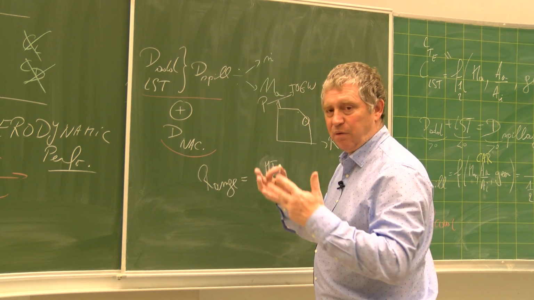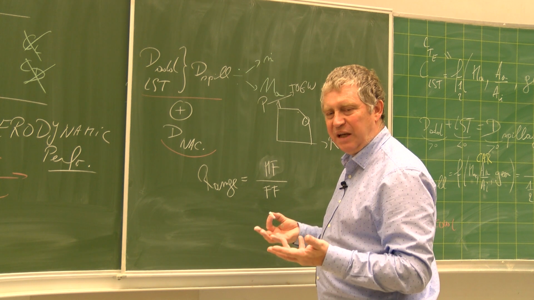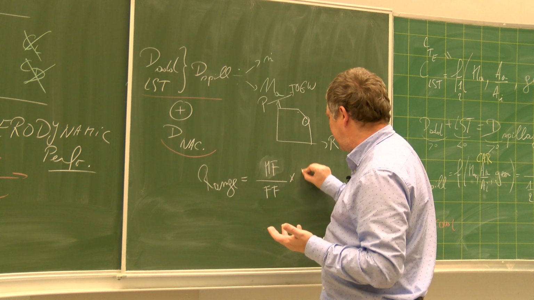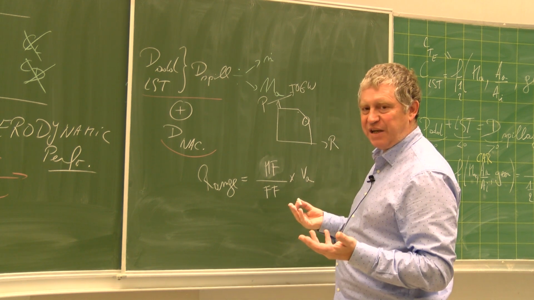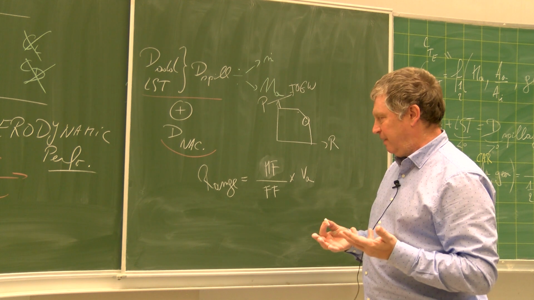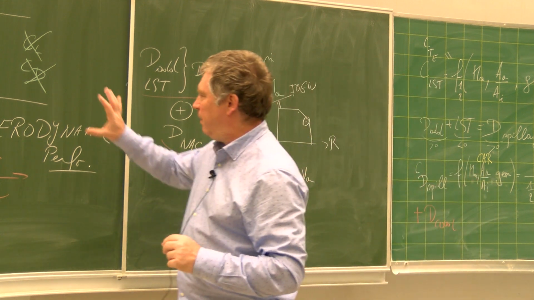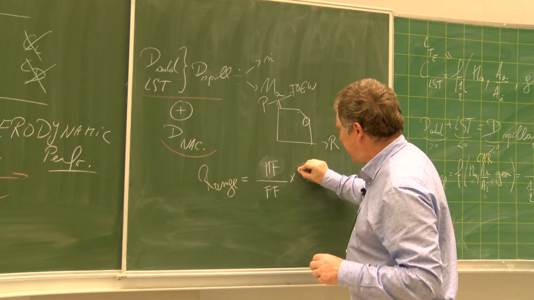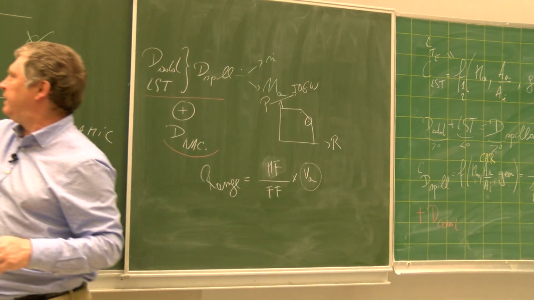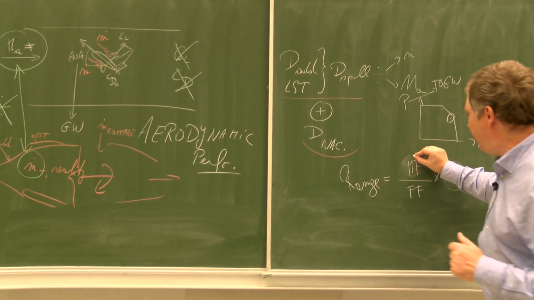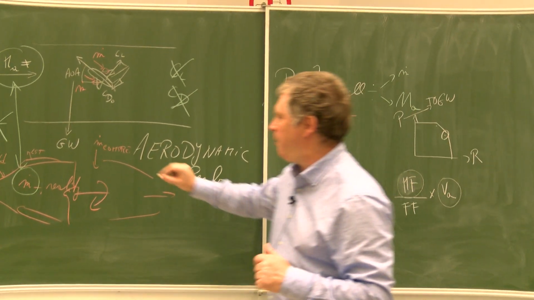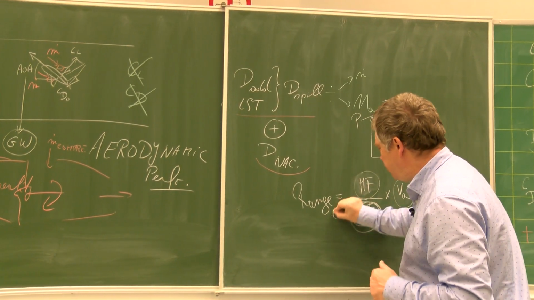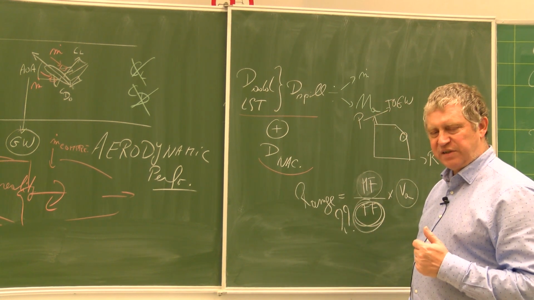So if you have 1 ton and you are burning 1 kilo per second, you will fly 1,000 seconds. And you multiply that by V and you have the range. So you see that in order to go from aerodynamic performances to the range, you have V, that was already included there. You have the mass of fuel, that was somewhere included in the gross weight, but you have a big question with this.